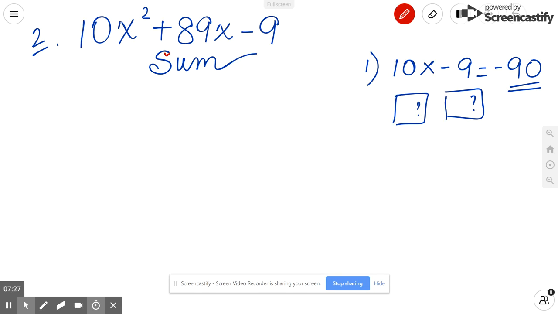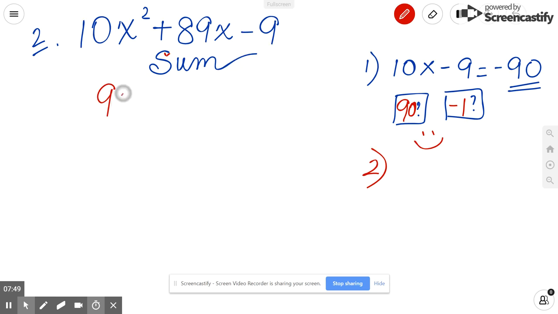All right, so after some thinking, I feel like the 2 numbers that I have are 90 and negative 1. You can check: 90 times negative 1 is negative 90, and 90 minus 1 is 89. So yes, these 2 numbers hold true for the condition in the question.